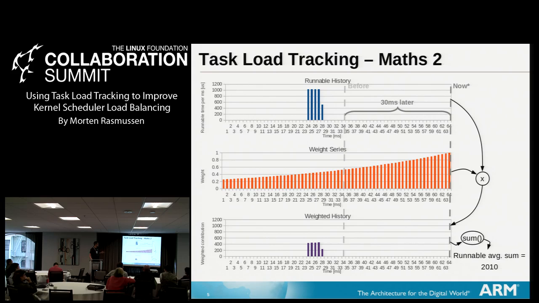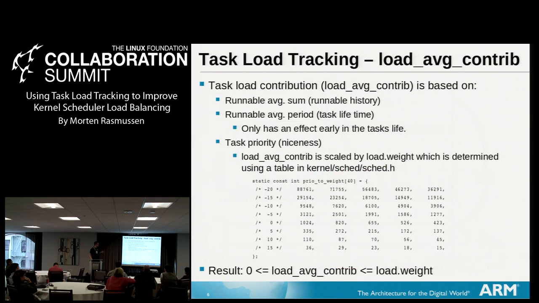Yes, this is not the entire truth. The actual load contribution, as it's called in the kernel code, consists of this weighted load history. It's also based on the age of a task. There is a similar history maintained for the age of the task.